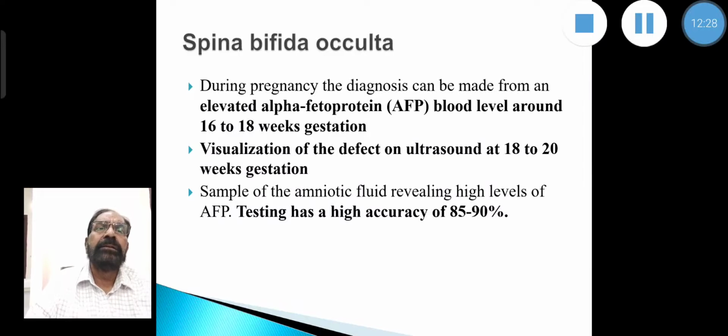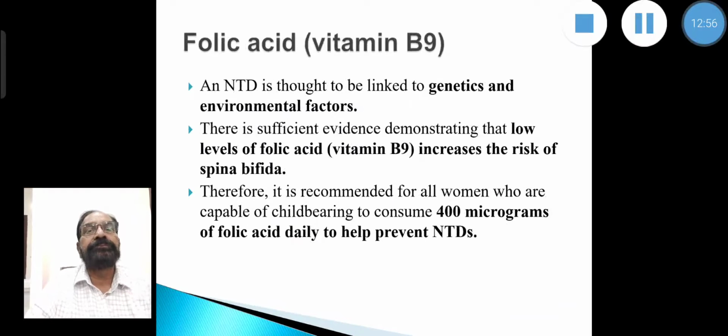During pregnancy, diagnosis can be made from an elevated alpha fetoprotein blood level around 16 to 18 weeks of gestation. Visualization of the defect on ultrasound is possible at 18 to 20 weeks of gestation. A sample of amniotic fluid reveals high levels of alpha fetoprotein. Testing has high accuracy, that is 85 to 90%.